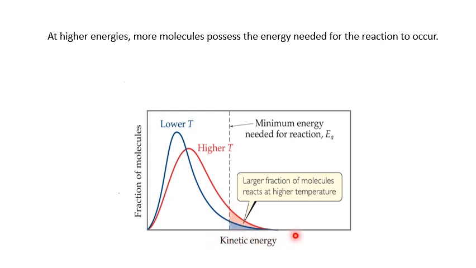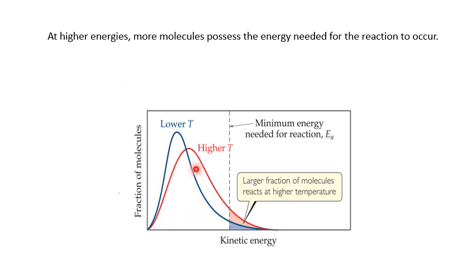Energy is marked on the x-axis, and the number of particles, or fraction of molecules that will take part in the reaction, is marked on the y-axis. Only these particles to the right of the activation energy will react when they collide, because that is the minimum energy required for the reaction. Only those with this minimum energy can react by effective collision. The majority don't have enough energy, so they simply bounce apart.